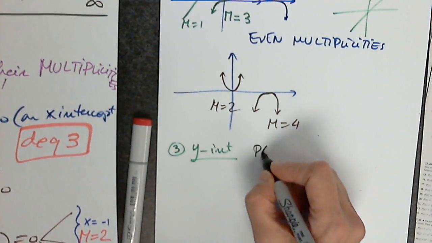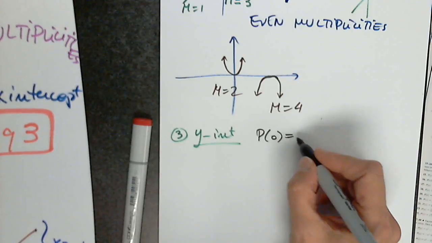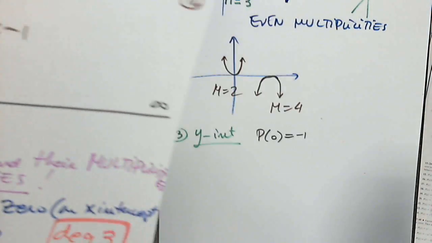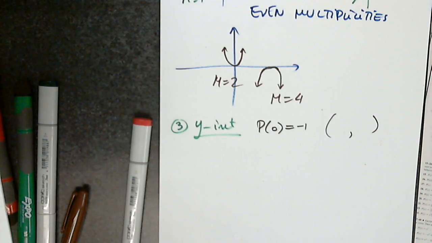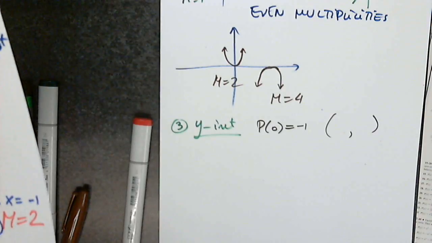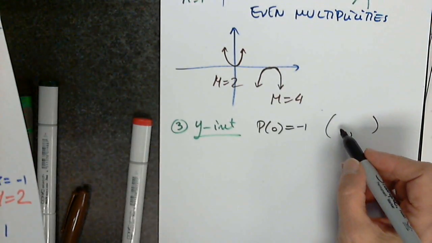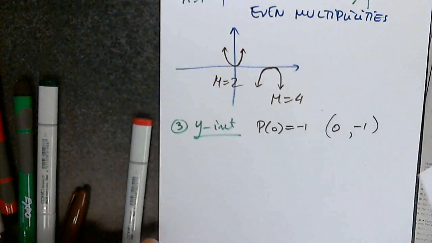Yes, P of 0, which is? Perfect. So the ordered pair we just determined is? That's (0, -1). Perfect. Number 4.